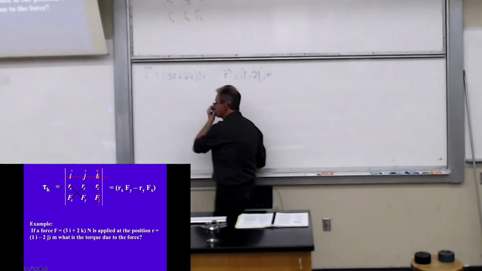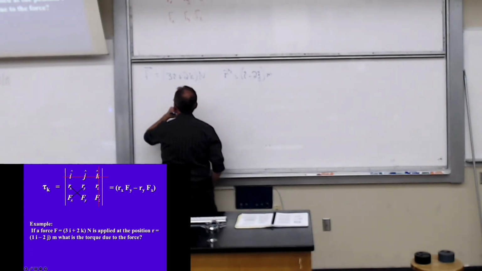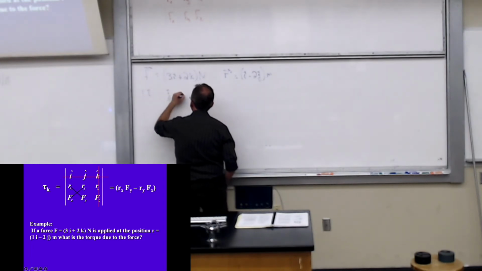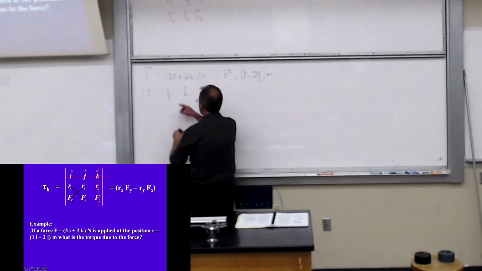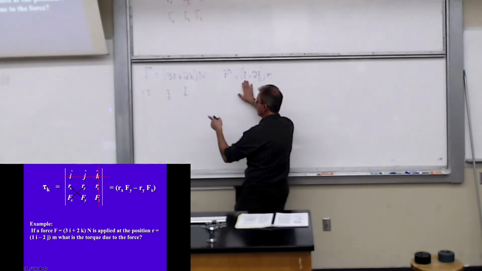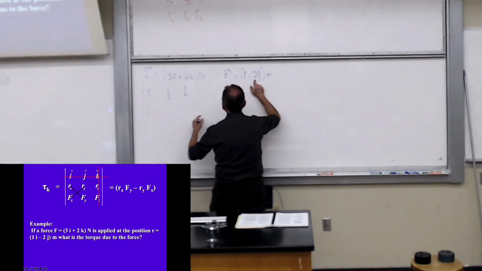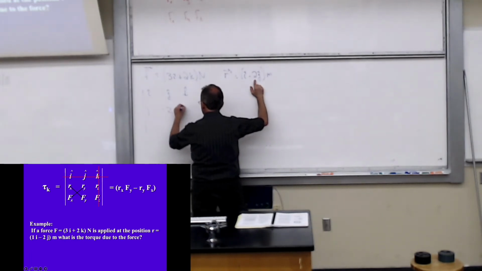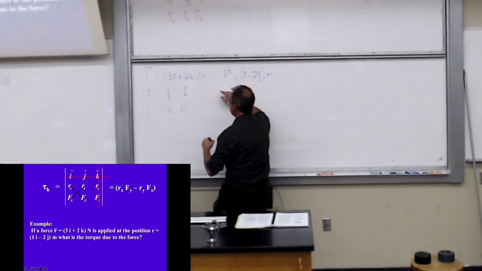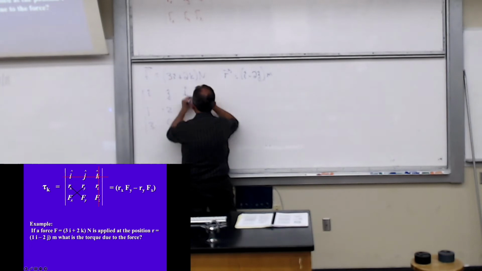Just as a review, I'm going to set up my determinant. I'm going to put the components of r in the second row, which is 1, negative 2, 0. And in the bottom row, I'm going to have 3, 0, 2.